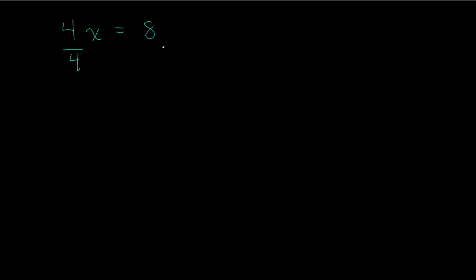But whatever I do to one side, I have to do to the other to keep the equality true. And 4 divided by 4 is 1. And 8 divided by 4 is 2. Well, let's check. 4 times 2, 8 equals 8. So yeah, it worked.